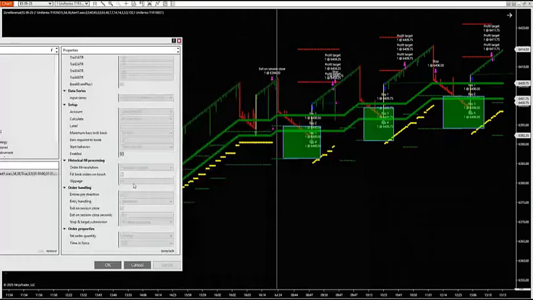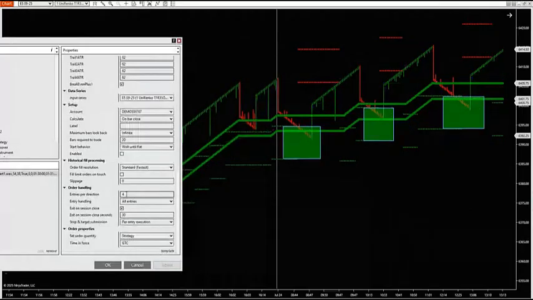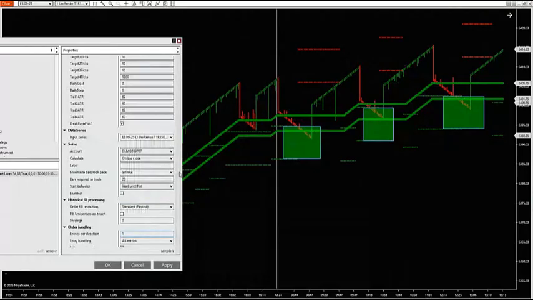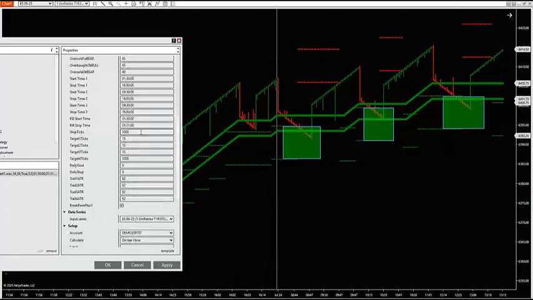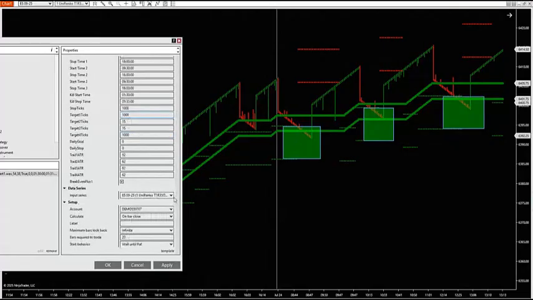I can do 1 contract by changing entries per direction. Let's say I just want to go 1,000 ticks. I have 15 ticks in there right now as my target. Let's go 1,000 ticks in 1 contract.